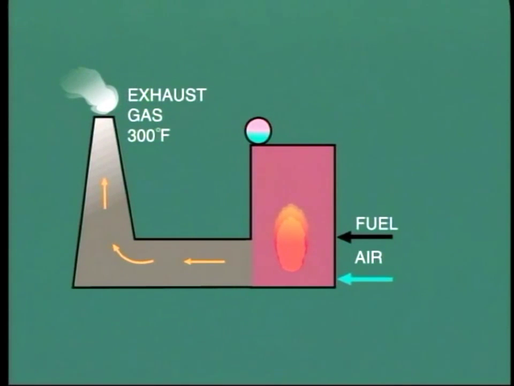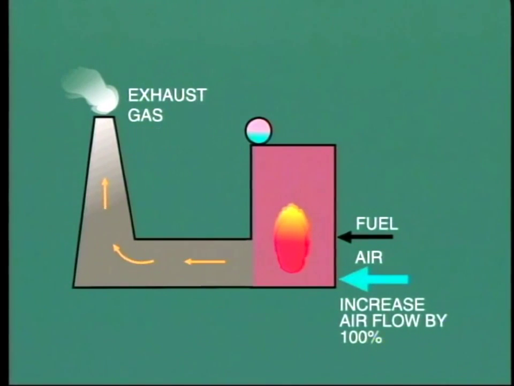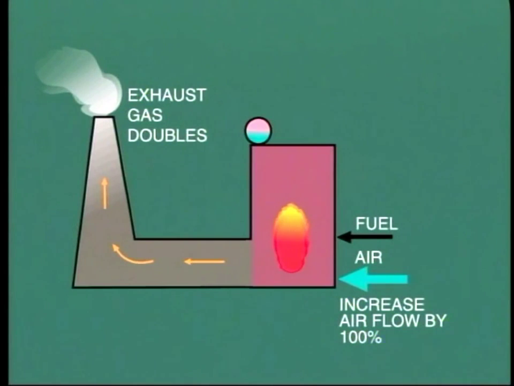Consider then that if we increase the amount of theoretical combustion air by 100%, we would almost double the amount of gas leaving the chimney carrying heat to atmosphere. Clearly, this will result in increased heat loss and a decrease in boiler efficiency.